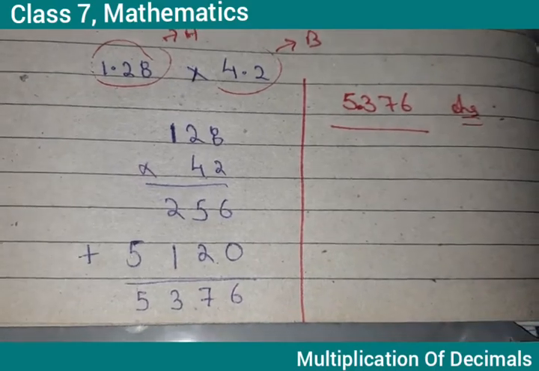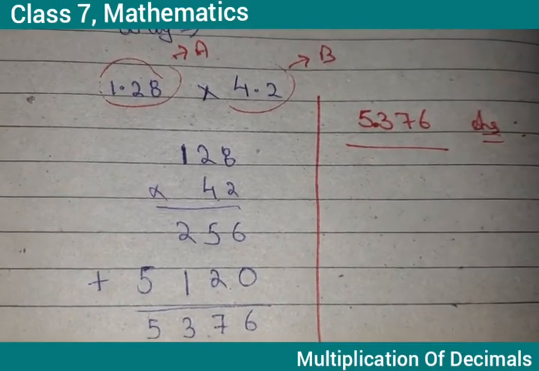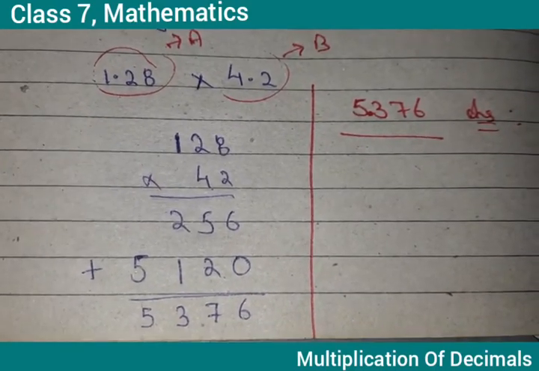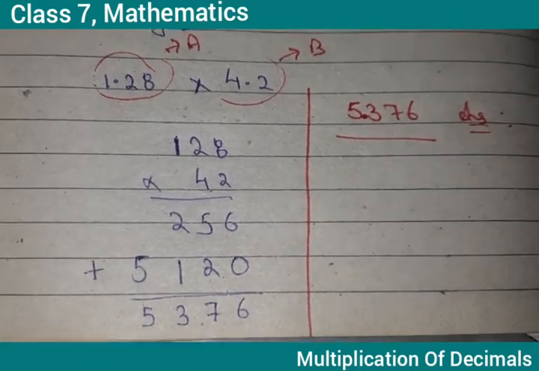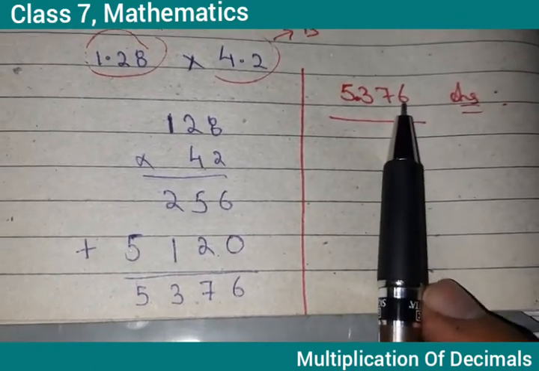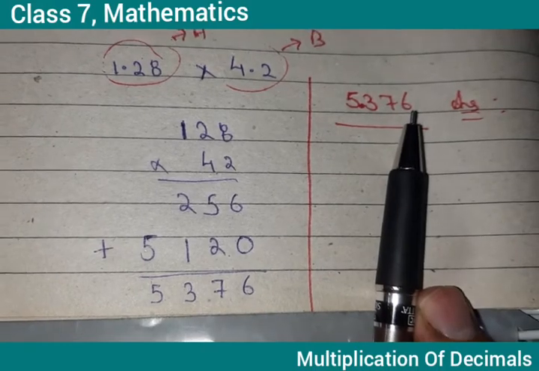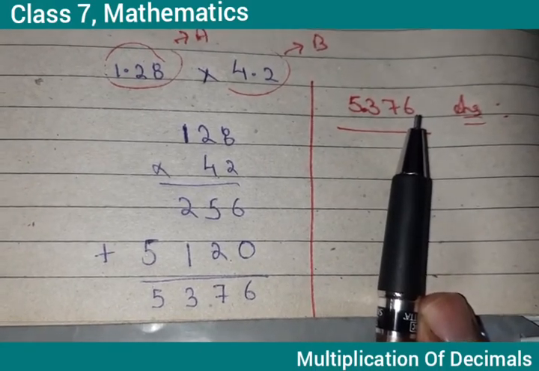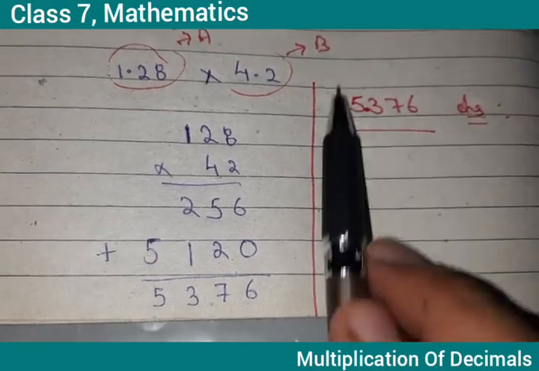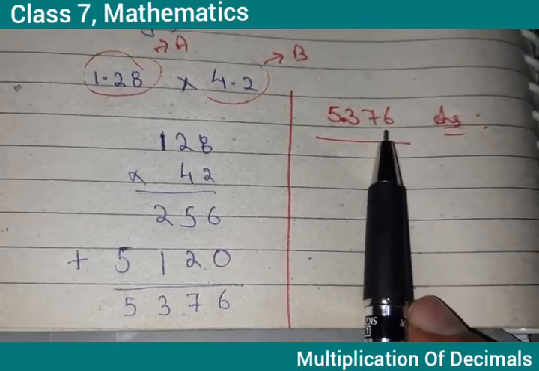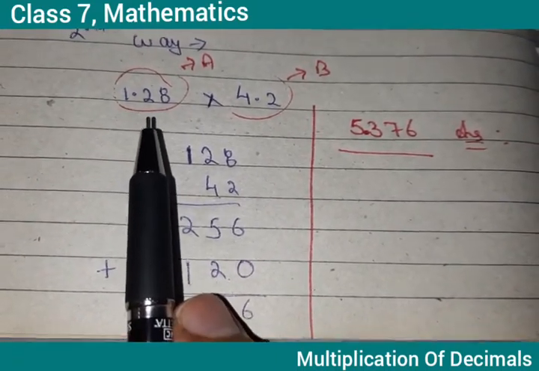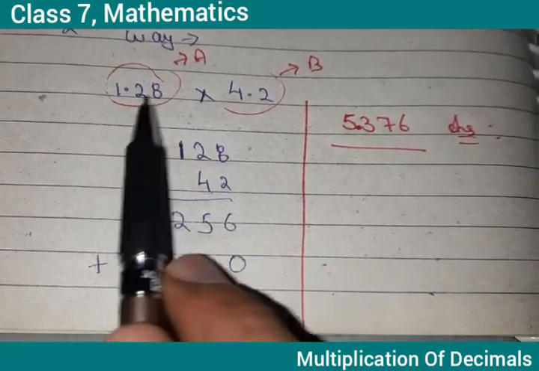Basically in the multiplication of decimals, what we need to do is, in the product, this product which we have finally obtained, we should place the decimal point such that the number of decimal places in this product should be equal to the sum of the number of decimal places of the decimals multiplied.